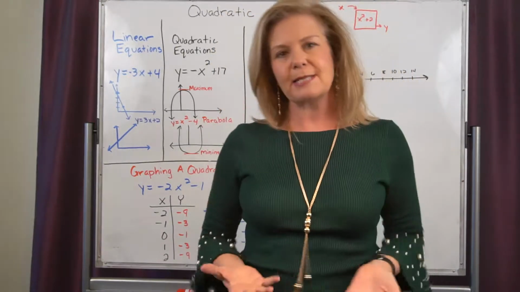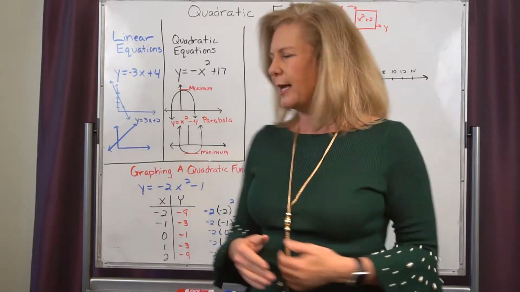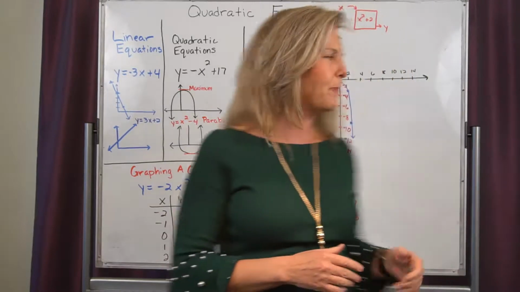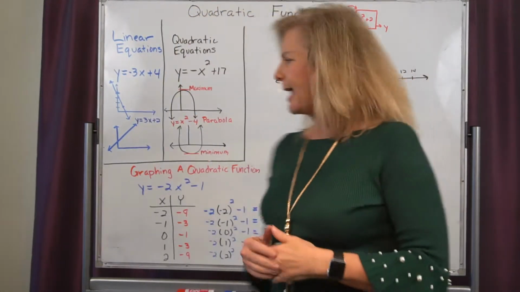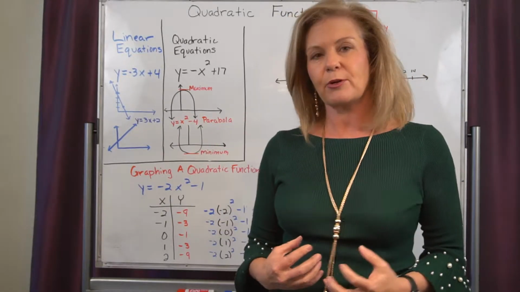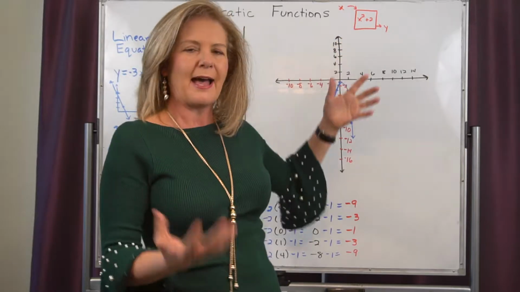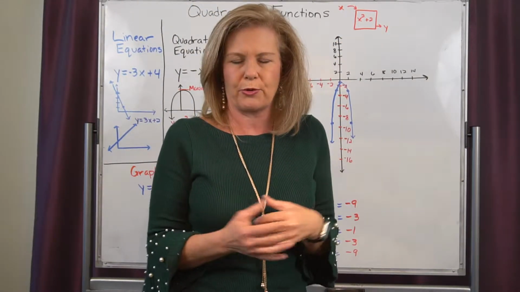So our baby step, you can always start off by using a t-table. And we know a t-table works because it has both x and y values which match up with my x-axis and my y-axis. And I choose the number that's going to go into the machine. I can choose any number I want. I tend to choose numbers very close to 0 or the origin.